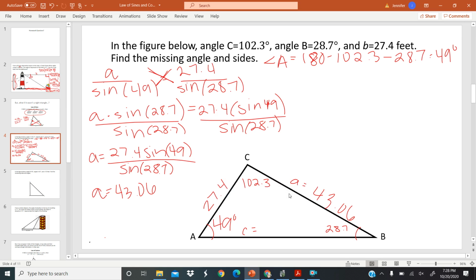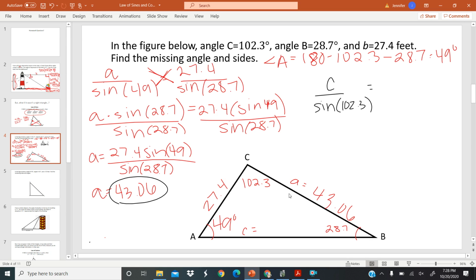Now the last thing you need to find is side little c. So we're going to have side little c divided by the sine of angle C, which is 102.3. And that's going to be equal to, and even though we have side little a now, we're not going to want to use that because this 43.06 is a rounded number.